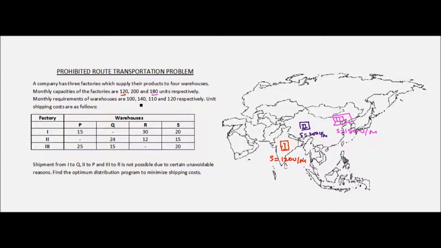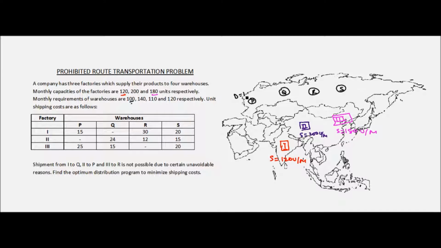Now there are four warehouses to which the material has to be transported. So let's say the first one is here. This is P, this is Q, this is R, and this is S. Now the demand at P is 100 units per month.